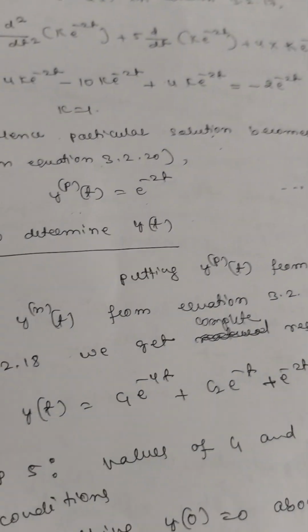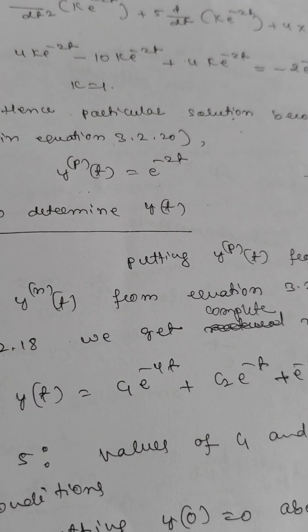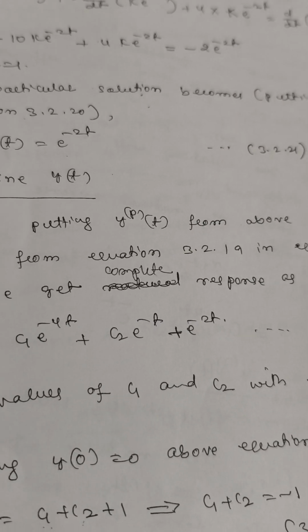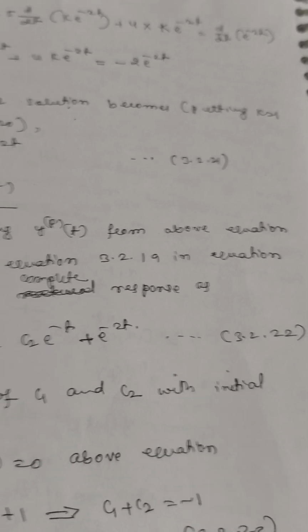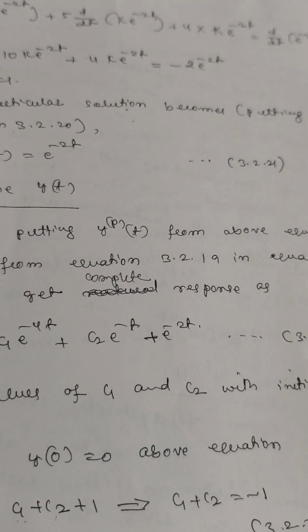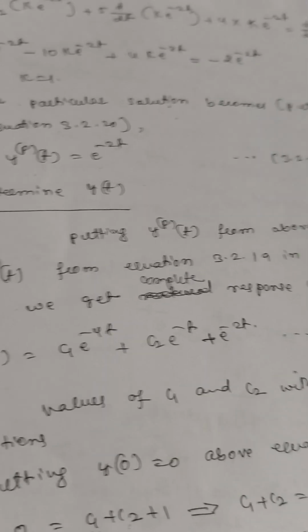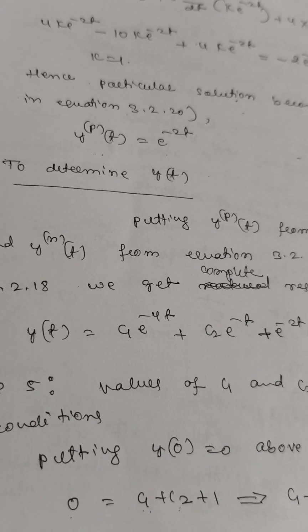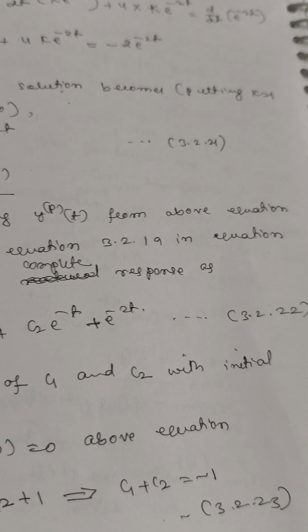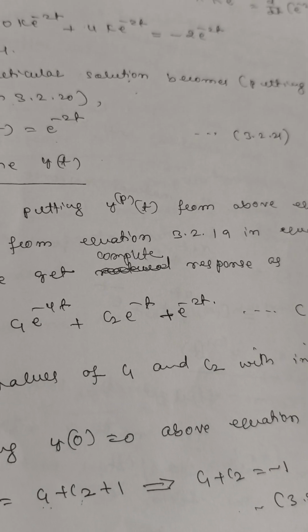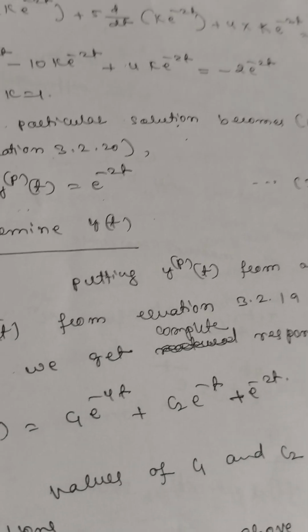Next, to determine y of t, the complete solution: we put y of p(t) from the above equation and y of n(t) from equation 3.1, and that gives the complete response.